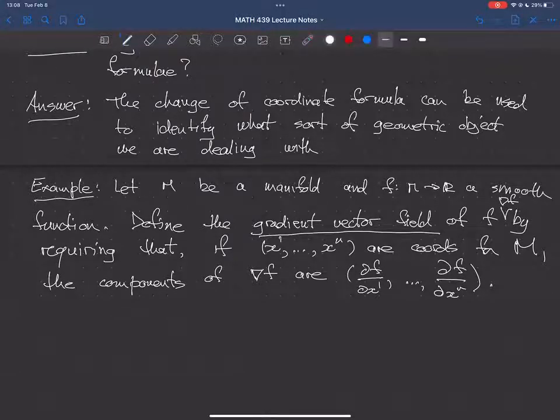In other words, if I were to choose a different set of coordinates, let's say x1 tilde up to xn tilde, would the components of this vector field grad f assume the same form in that other set of coordinates? So does this definition make sense?